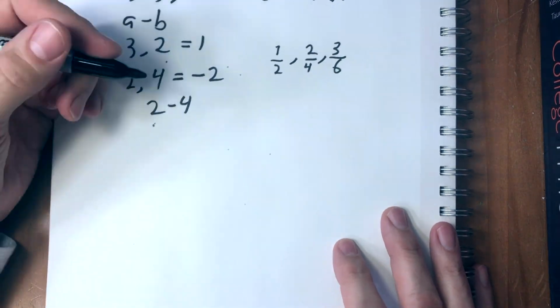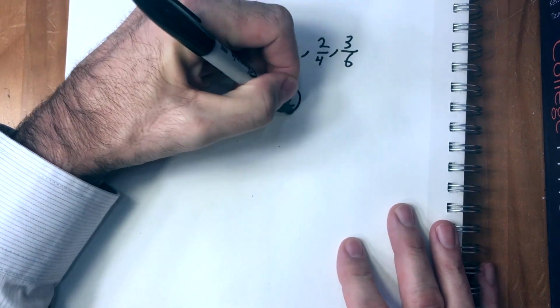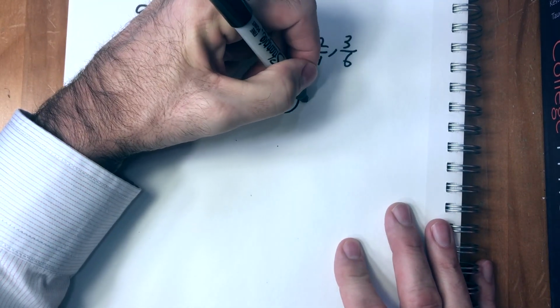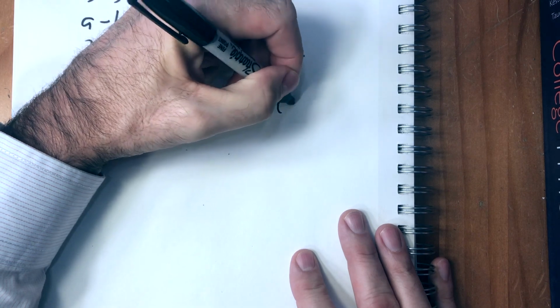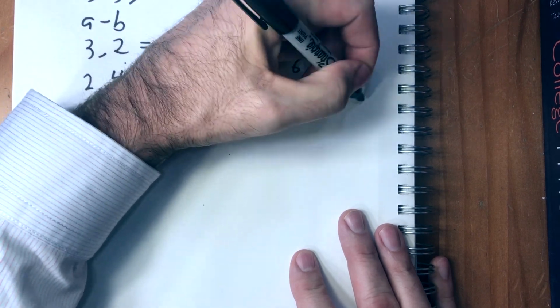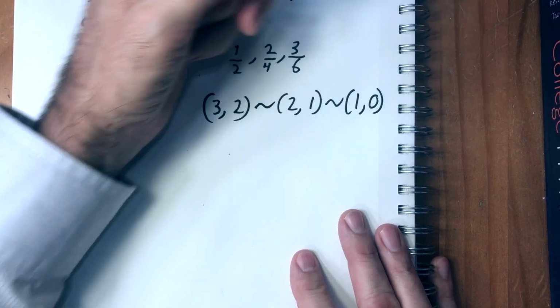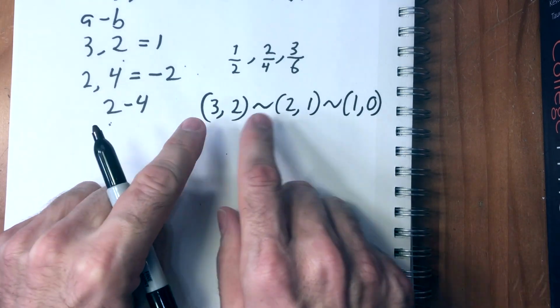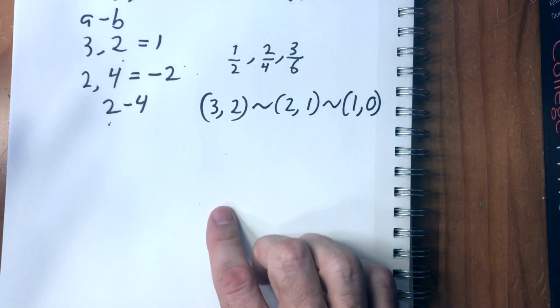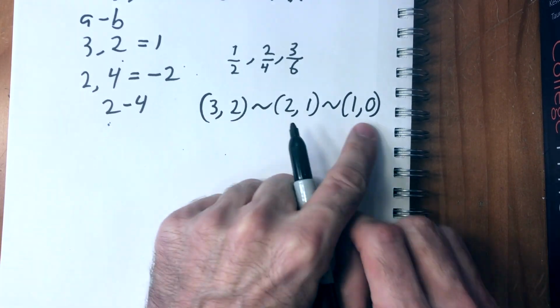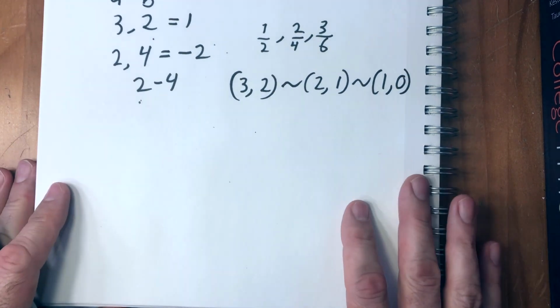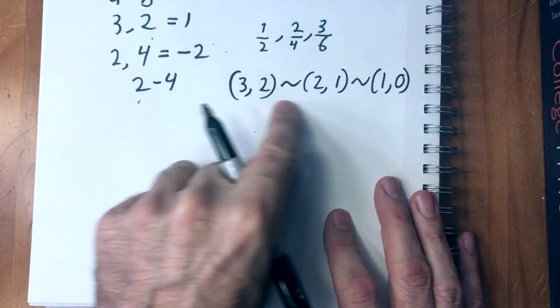So that for us, (3, 2) would be in the same equivalence class as (2, 1), and (1, 0), and so on, okay? Any pair where 3 minus 2 equals 1, any pair where the difference is 1, is going to be in the same equivalence class. So the way that we define this, though, is we can't use subtraction.